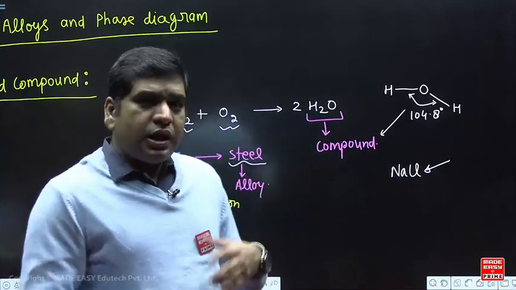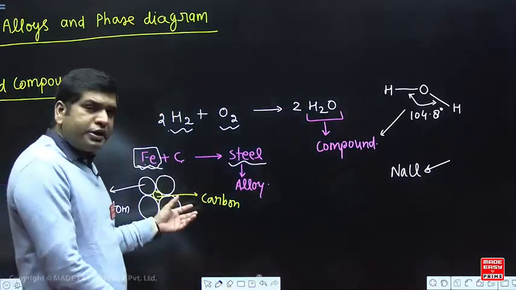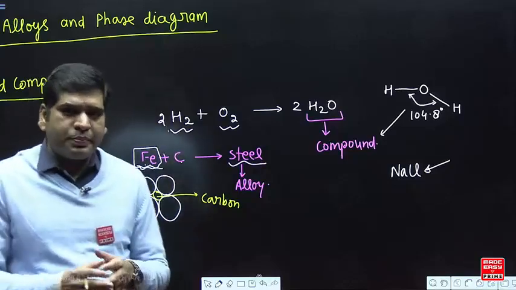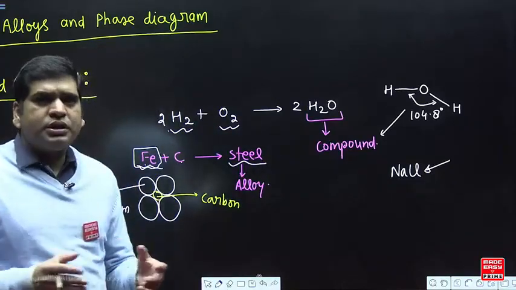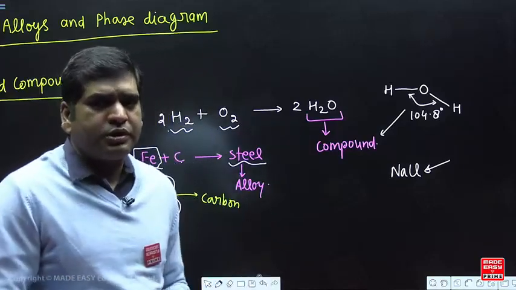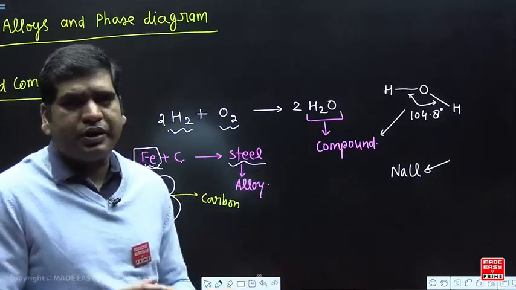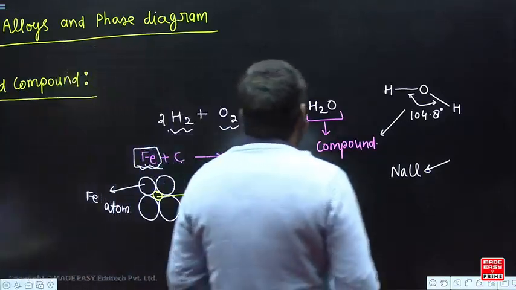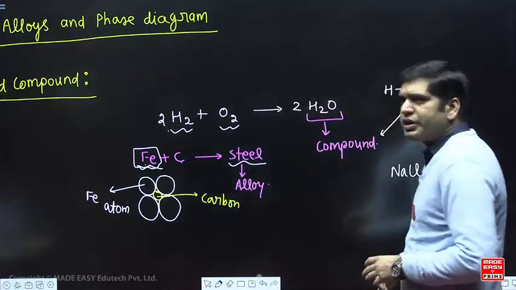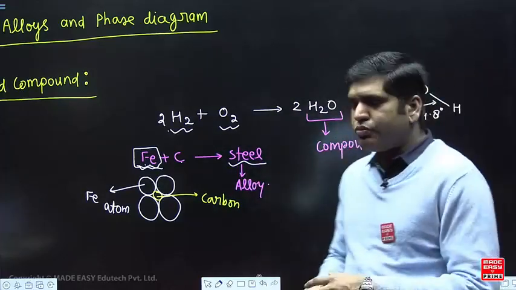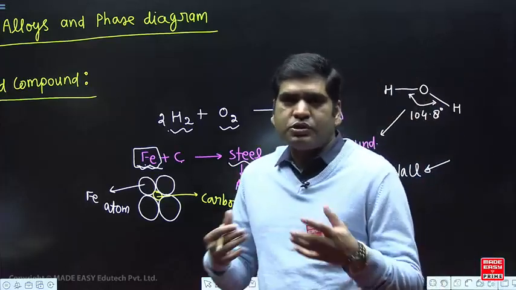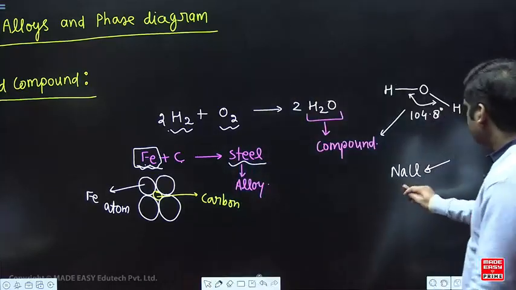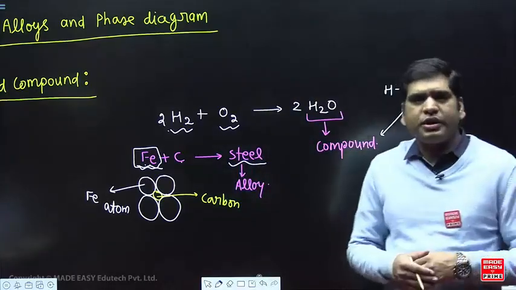एक और चीज, अगर हमें एलॉय में कंपोनेंट्स को सेपरेट करना है, we want to separate carbon and iron, just melt it. On melting, carbon and iron can be separated. So components in alloy can be separated by melting. But अगर हमें H2O में components को separate करना, compound में components को separate करना है, तो melting is not the right way, because when you melt NaCl, still it will be NaCl in the molten state.